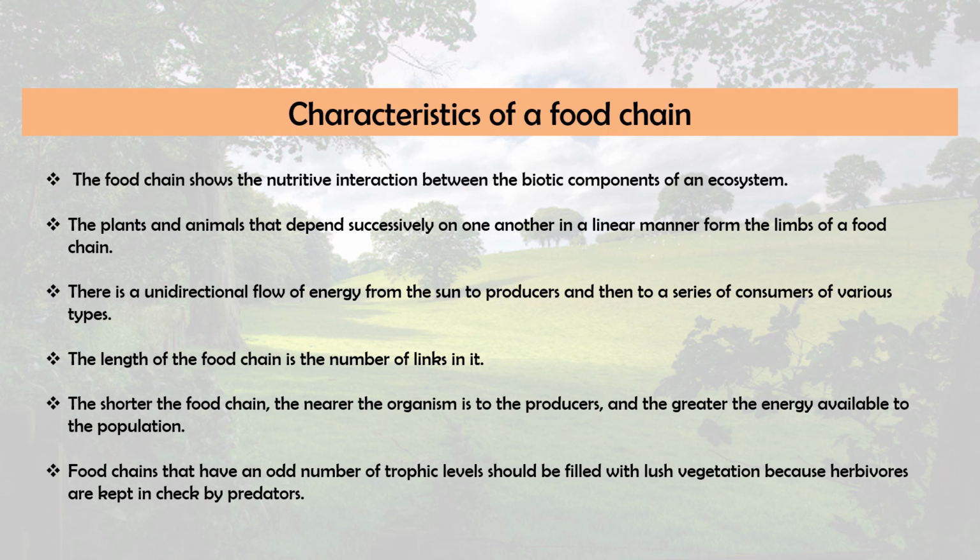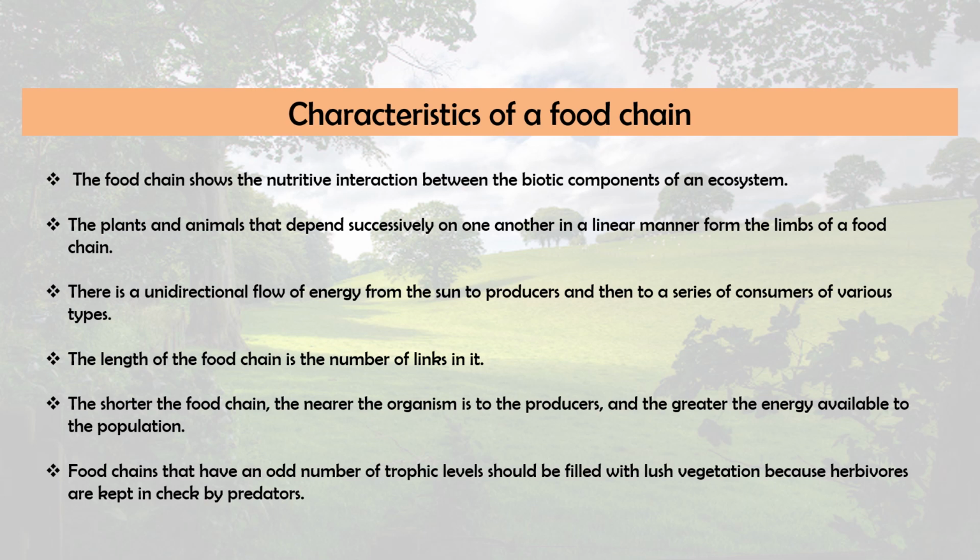And food chains that have an odd number of trophic levels indicate that the vegetation would be very lush and there would be a good population, because the herbivores will be kept in check by the predators.